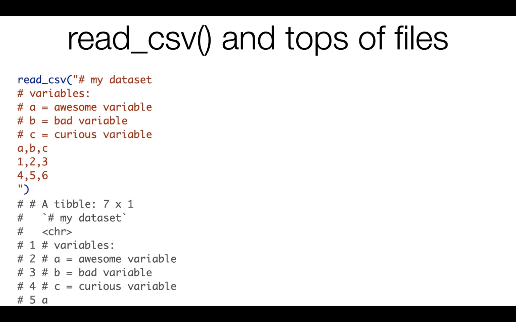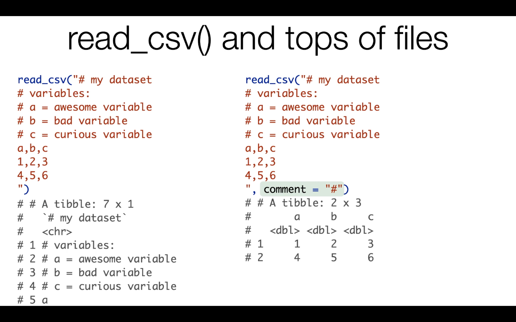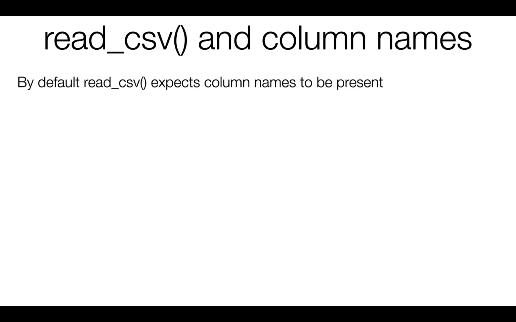Of course, if you try to read it in, you get disaster. You can handle this with comment in read_csv. You can specify what the commenting character or characters are, and then read_csv will not read those lines and will read the others.